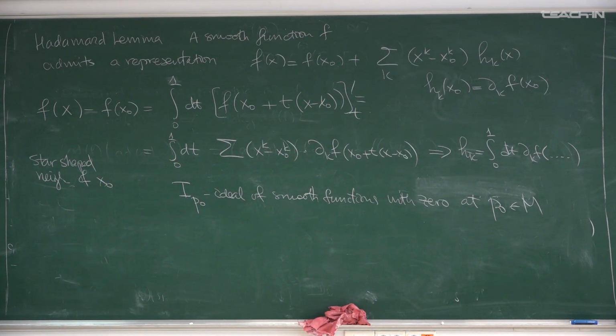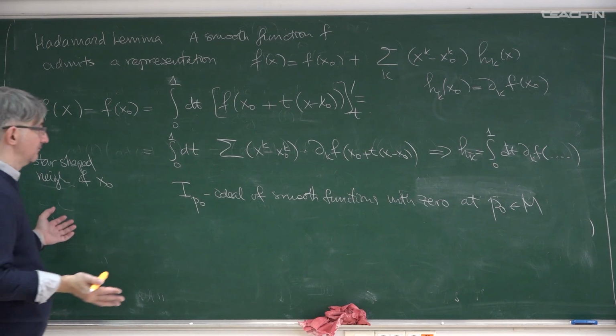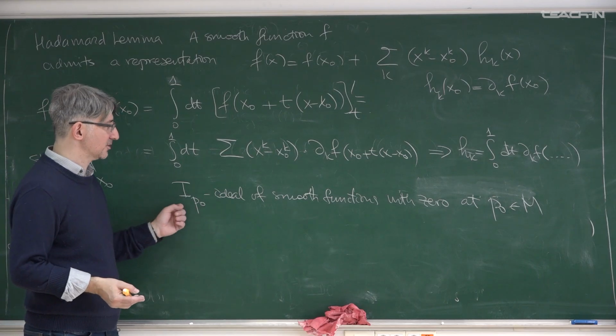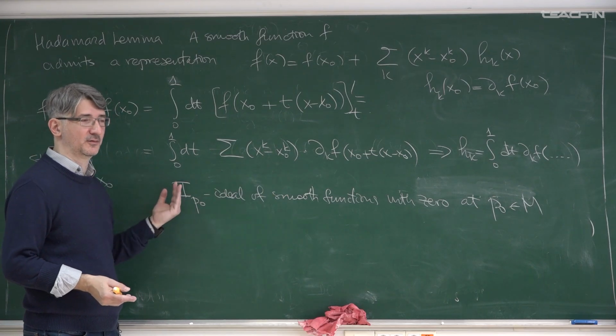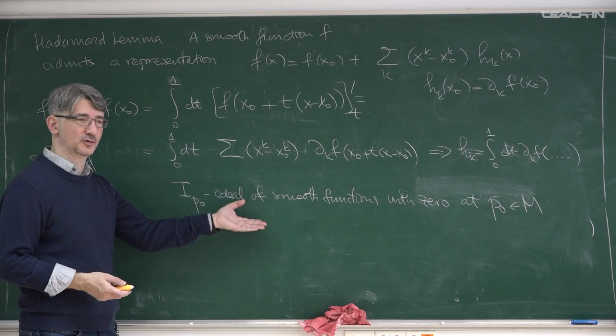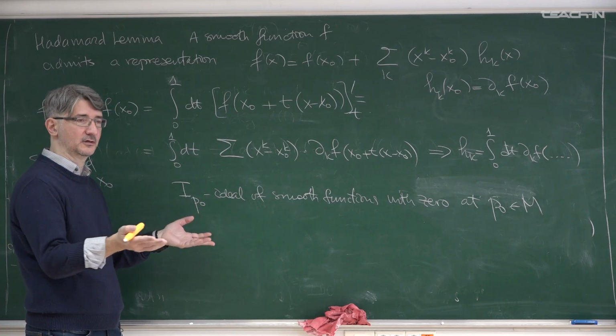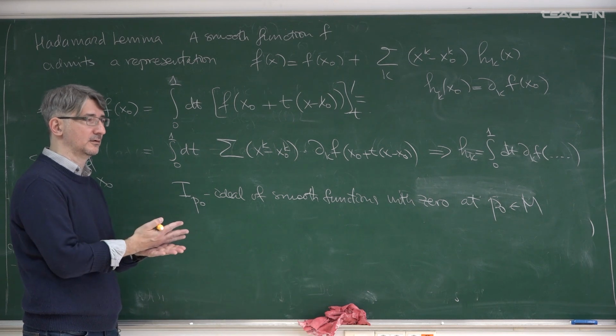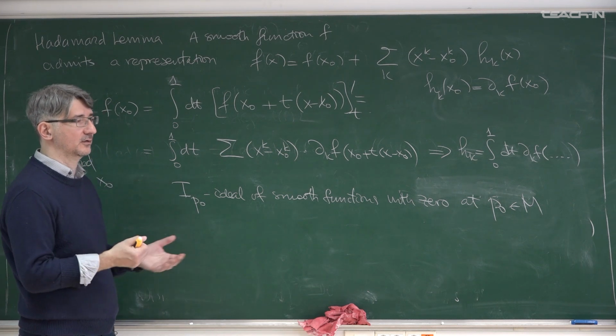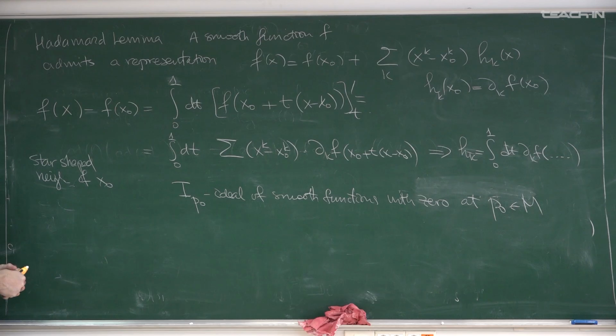Why is it an ideal? Obviously, if you multiply a function which has zero at this point by some other function, you still obtain a function which has zero at this point. And it is also closed under addition and multiplying by a scalar. Very good. It is an ideal.